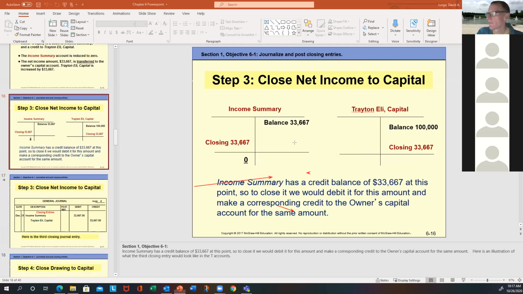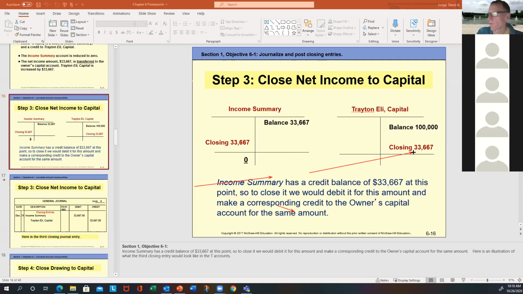Notice income summary had the balance of 33,667. We debit it to go to zero, and this balance then gets transferred over to capital as a credit. So at this point, if we started with $100,000 in capital, we're adding another $33,667 to its balance. That would be the balance on the balance sheet.